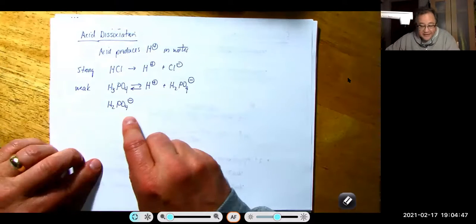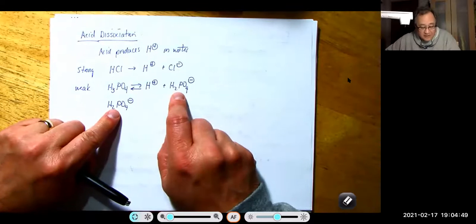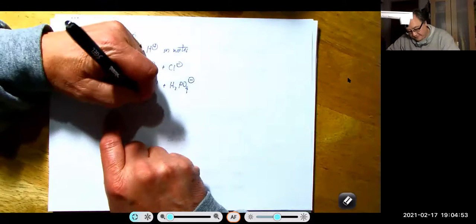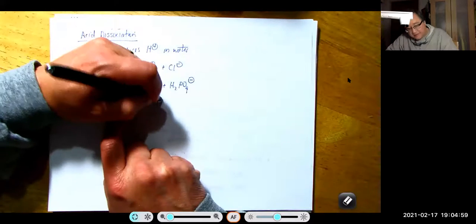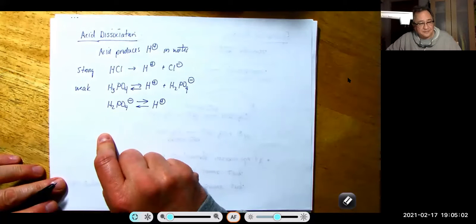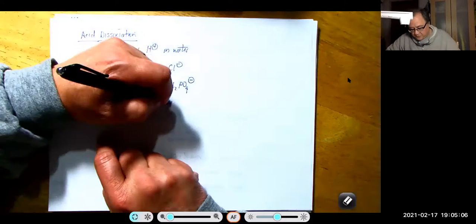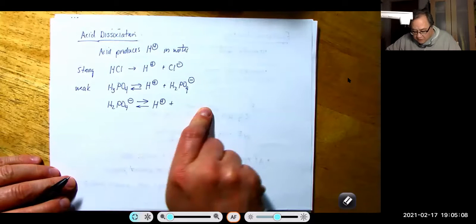So you'll notice I've written this product down as a reactant. This is an acid. So what do acids do? They make H plus. What's the other thing over here?